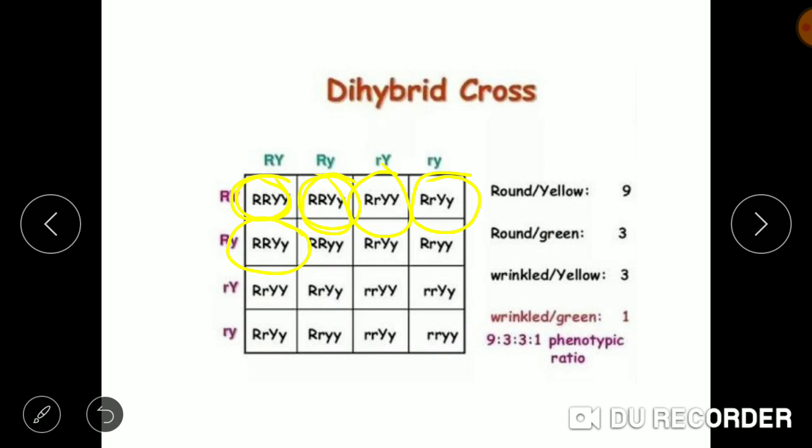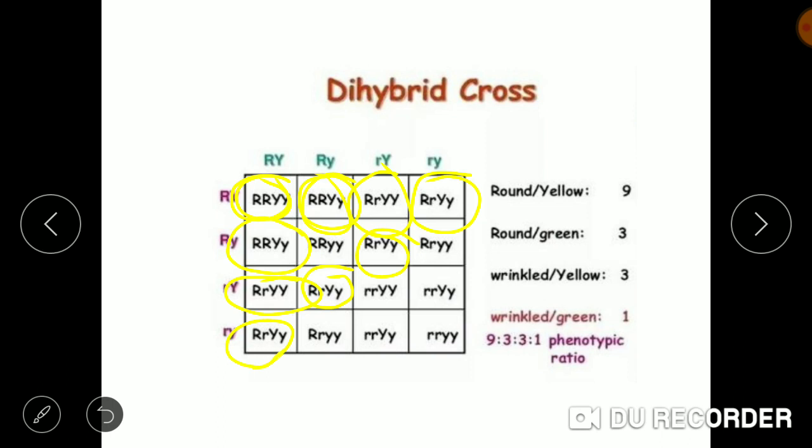Now we move on to another one, capital R and capital Y we can find out, so we will again mark it by yellow. Now in the other one we cannot see capital Y, we will leave it. Now see the other one, capital R and capital Y, again mark it by yellow. Similarly, the other one, capital R and capital Y, marked by yellow. Now leave the rest of the two, since there is no capital R in both of these cases. Now we'll move on here, capital R and capital Y.